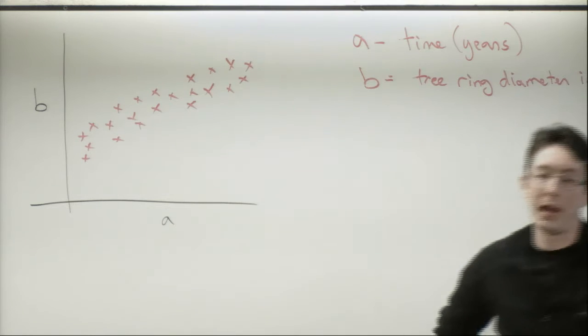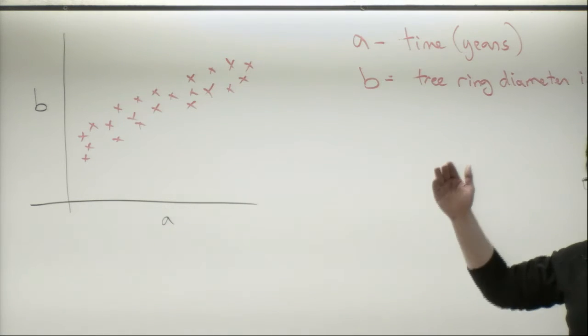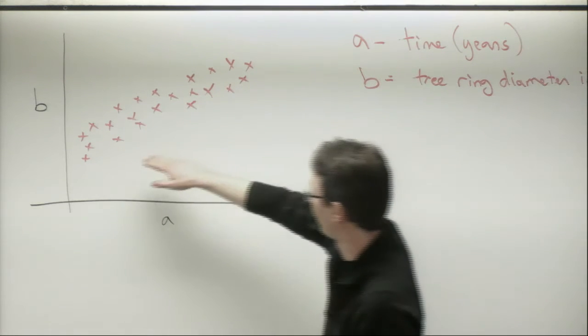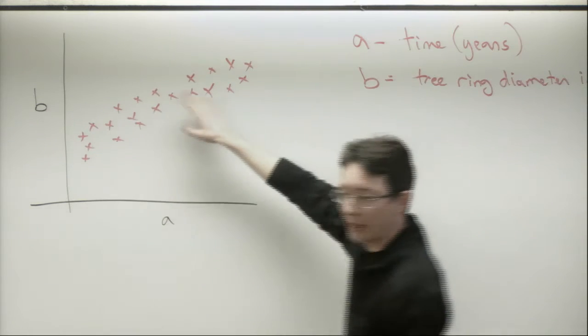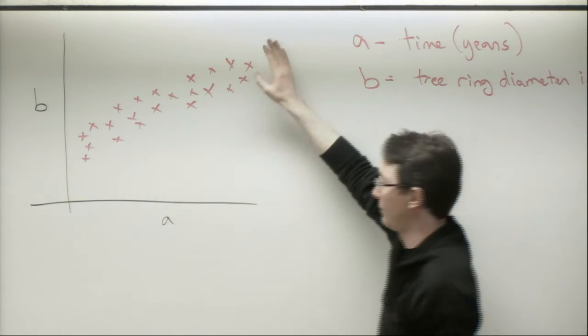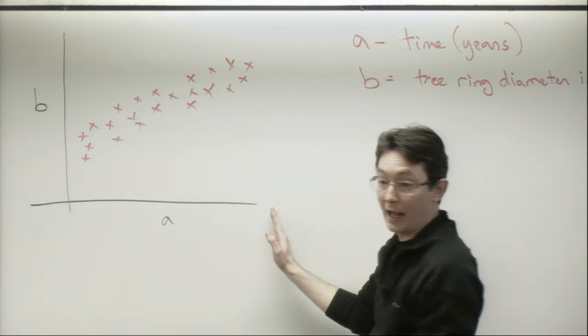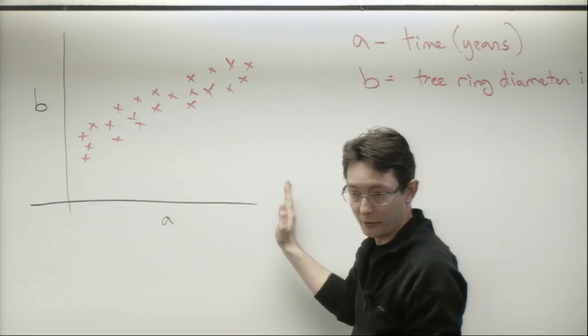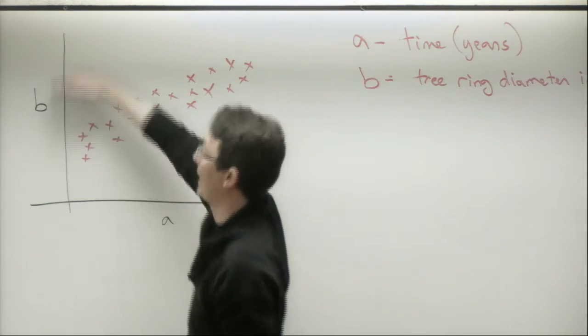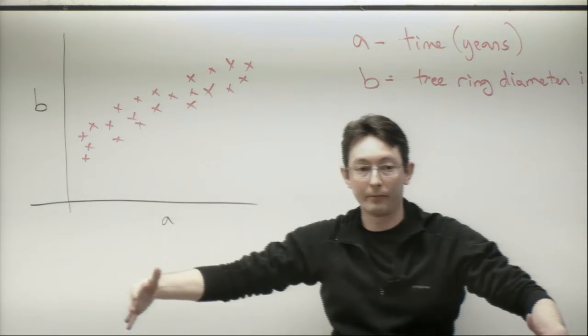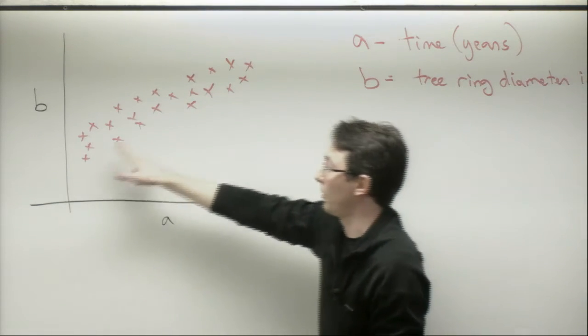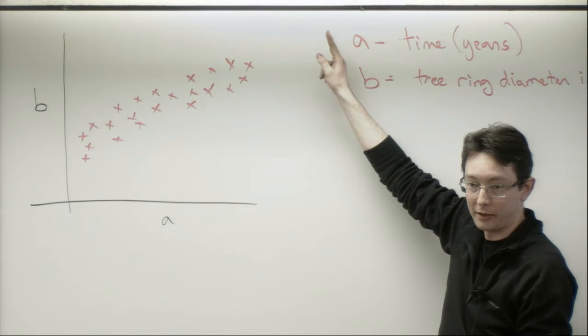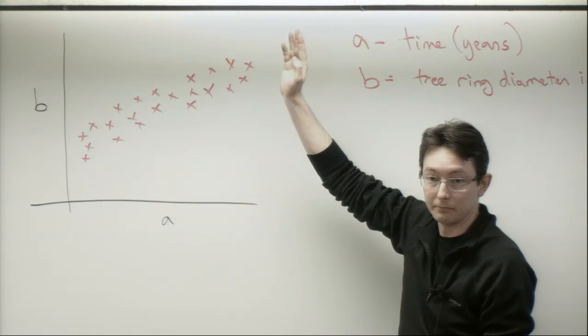So for example, I can collect a ton of data. Unfortunately, I might have to chop down a lot of trees to get all this data, but I can go sample a forest and I can measure how many rings it has. So a was like number of rings or number of years, and b would be the diameter of the tree. How big is it? And there should be a pretty strong correlation between the age of the tree and the size of the tree, the width of it, right?